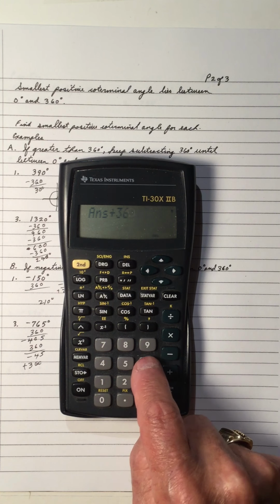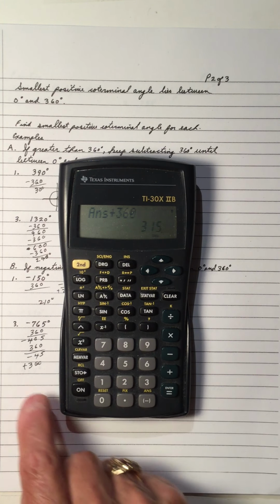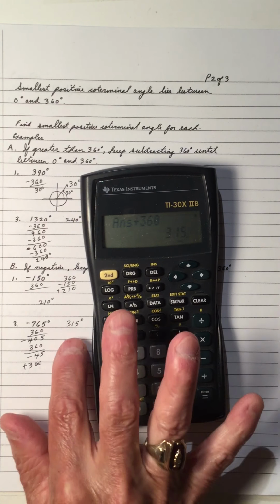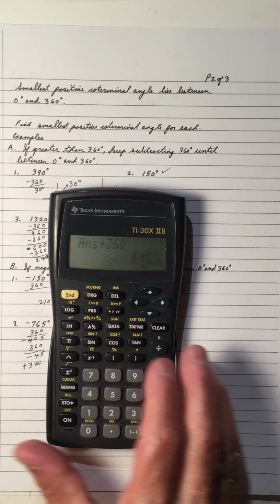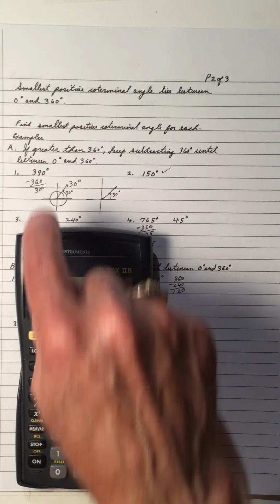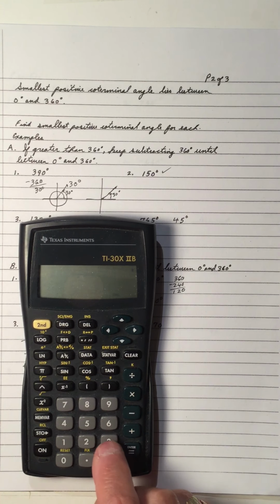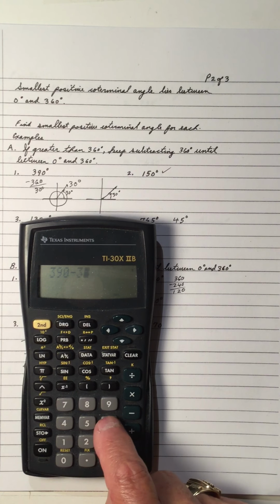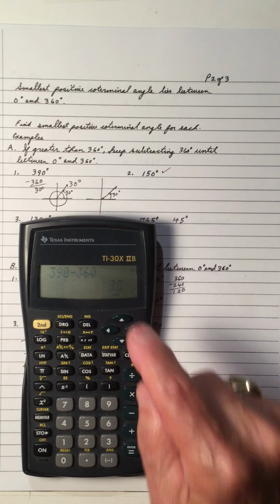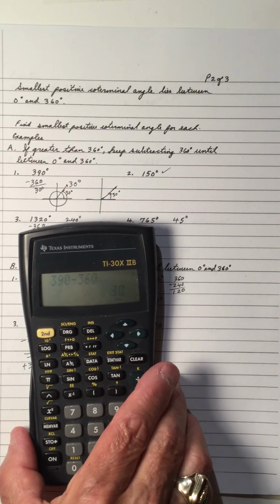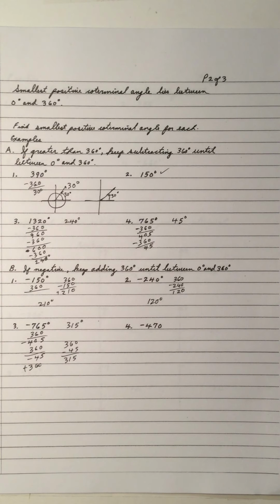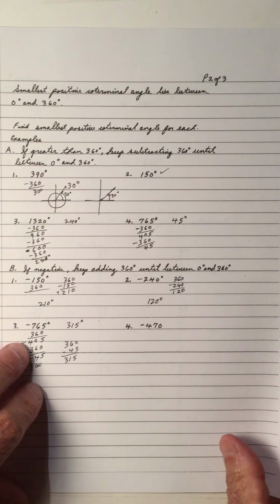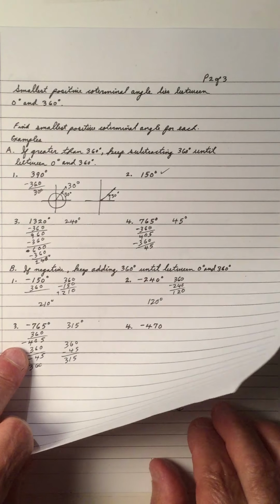Add on 360, and you get your 315 degrees. And vice versa, if you took the 390 up here and you subtracted 360, you'll get the angle you want, 30. So you can use your calculator to work out that, which is a good way to do it. You won't make a mistake, just to make sure, but it's your choice.